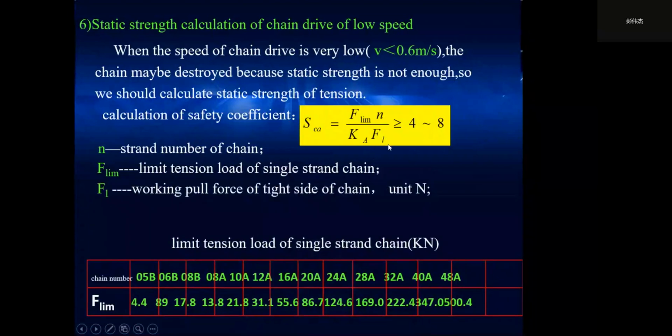And KL is working tension force of tight side of chain. And KA is the working condition coefficient, which can be obtained from tables. And this is the chain number, and this is the corresponding F limit. You can obtain F limit from this table.